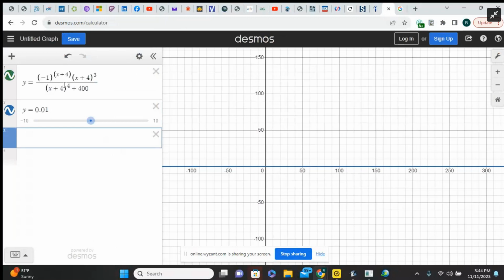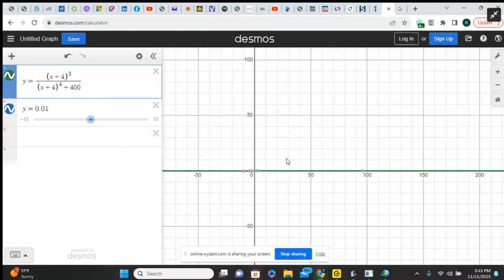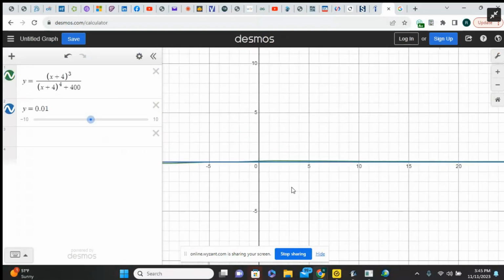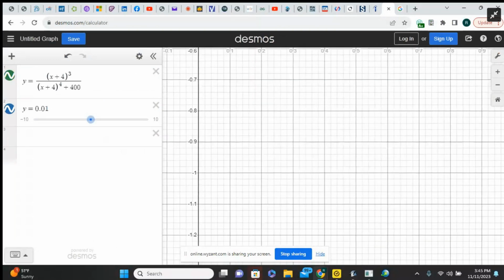Here, let me test something. I'm going to erase this portion. Oh, here we go. You leave the negative 1 to the exponent part out. All right, here we go. I'm going to zoom in a little.